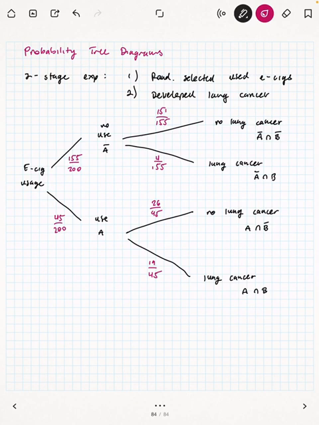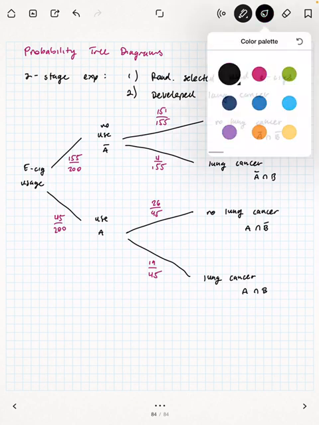So why is this so helpful? Well, now we can determine pretty easily probabilities of those in the intersections.